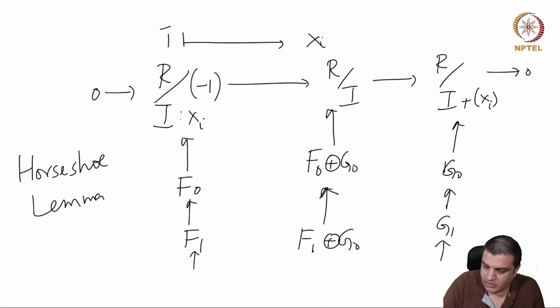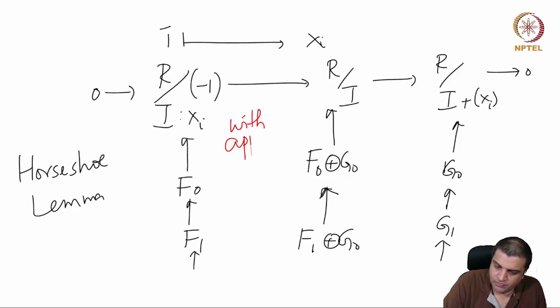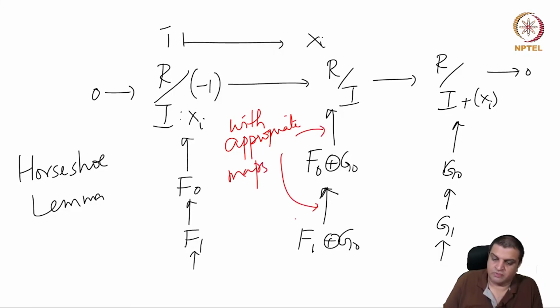So it will be in the exercises to figure out what the maps should be. There is actually more, what is called a map of complexes, which we will see in the next lecture. In other words, if this has length less than or equal to n, and this has length less than or equal to n, this also has length less than or equal to n.